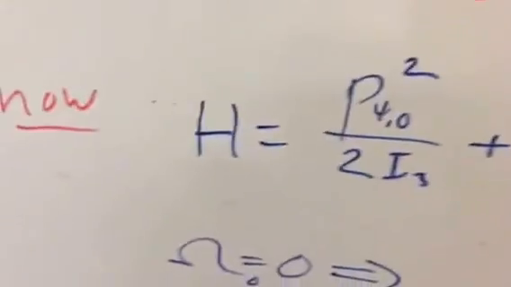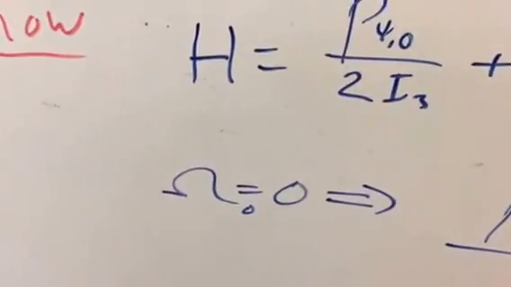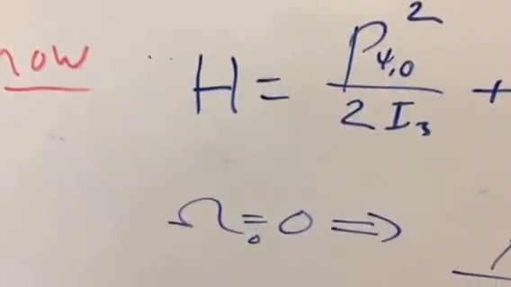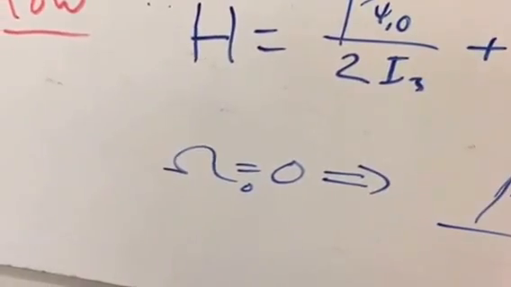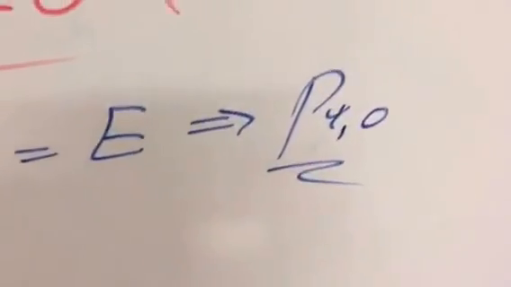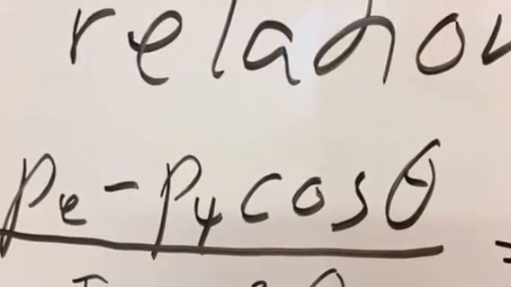And also because omega is zero, using this value you can equate p phi minus p psi cosine theta to zero. So the initial value of p psi will also give you the initial value of p phi.